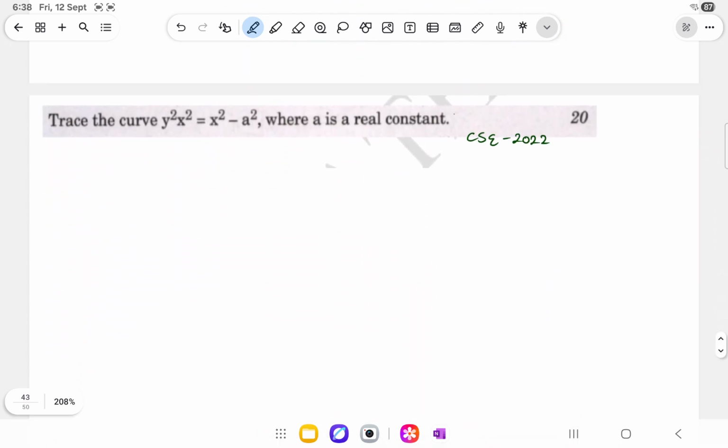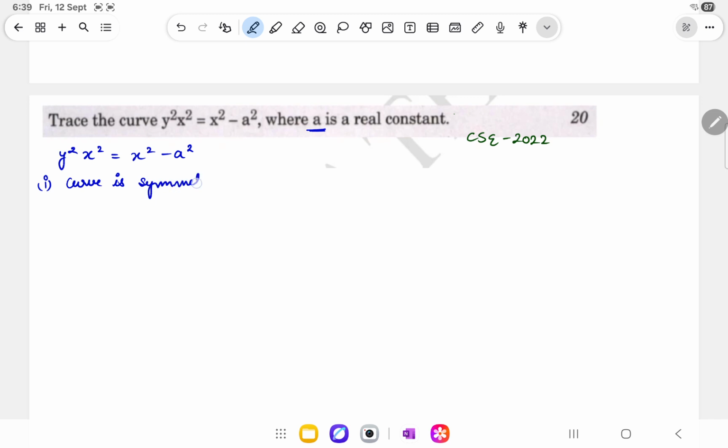In the next question also we are supposed to trace the curve, and here a is a real constant. The curve given to us is y square into x square equals x square minus a square. First thing you can observe is that the curve is symmetric along both the x-axis and y-axis.